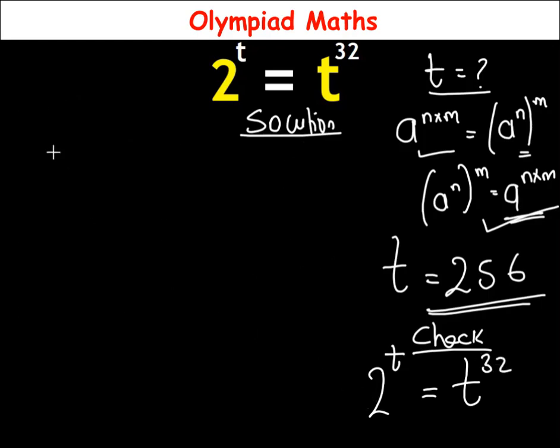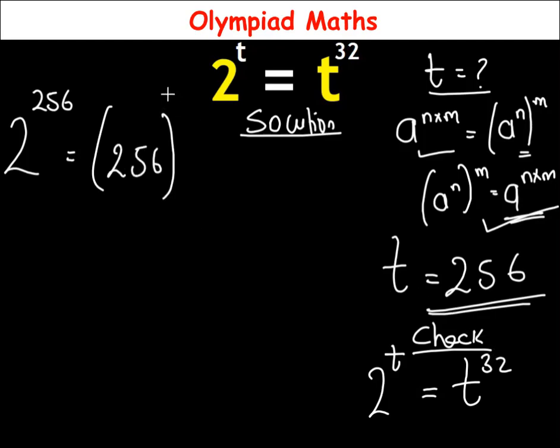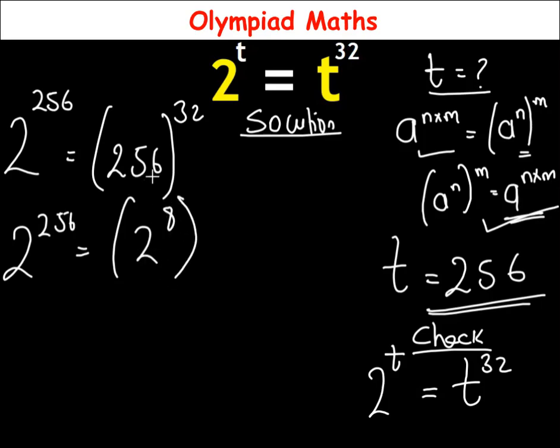From here we have it that 2 power of t is 2 power of 256, and t is 256, so in brackets 256 all raised to power 32. Okay, so we have 2 raised to power 256 is equal to, now 256 can be written as 2 raised to power 8. 2 in 8 places will give us 256, then power of 32.